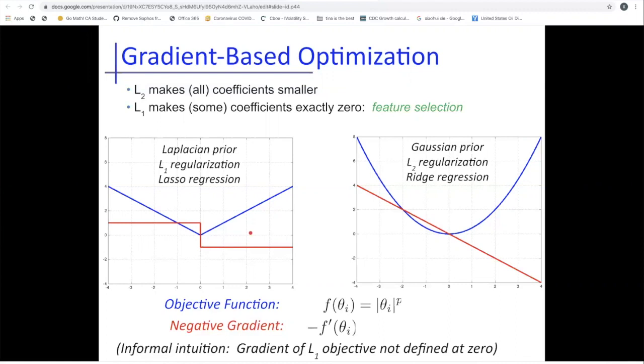In terms of terminology, for the L2 norm-based regularization, people have named it ridge regression. When people say, I'm going to apply ridge regression, what they mean is they're going to use this MSE loss plus the L2 regularization to learn the parameters of the model.